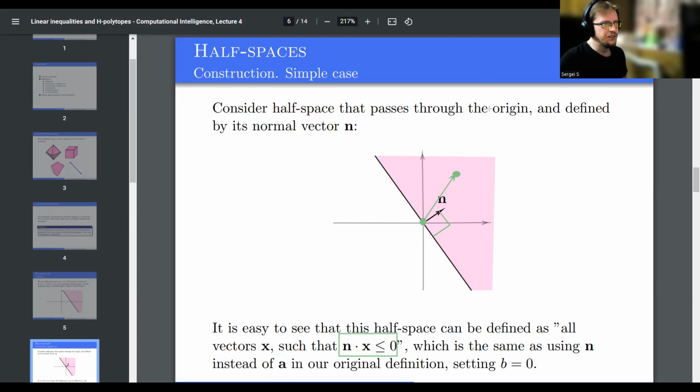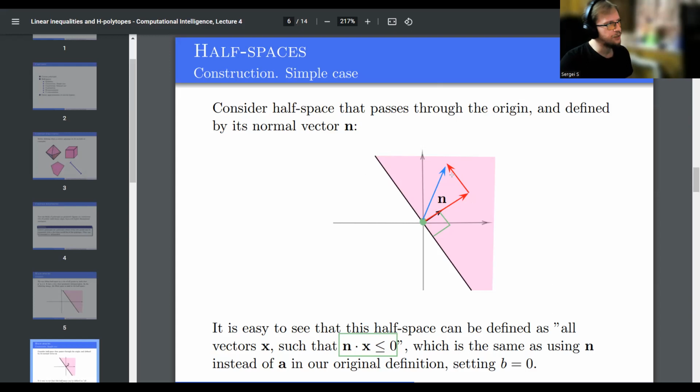How do I know, by the way, that the dot product is not going to be 0? Well, it's again easy enough. For any point here, we can write its decomposition as a sum of two vectors. One vector is collinear with the normal, and another one lies on the boundary, so it is parallel to this boundary that separates the half spaces.